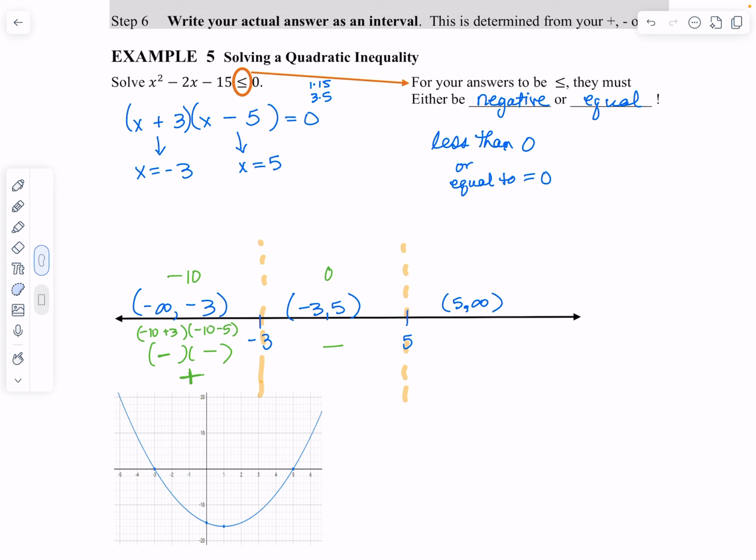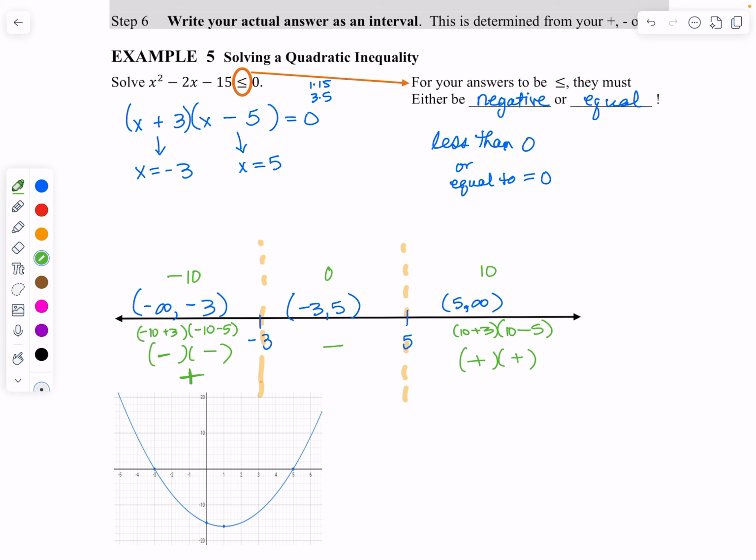And then I just need to grab a number on the right. Anything bigger than 5 will work. Again, I'm just going to plug in a regular old 10. So in my head, I'm saying 10 plus 3. I don't care that it's 13. I care that it's positive. And then I say 10 minus 5. I don't care that it's 5, but I care that it's positive.